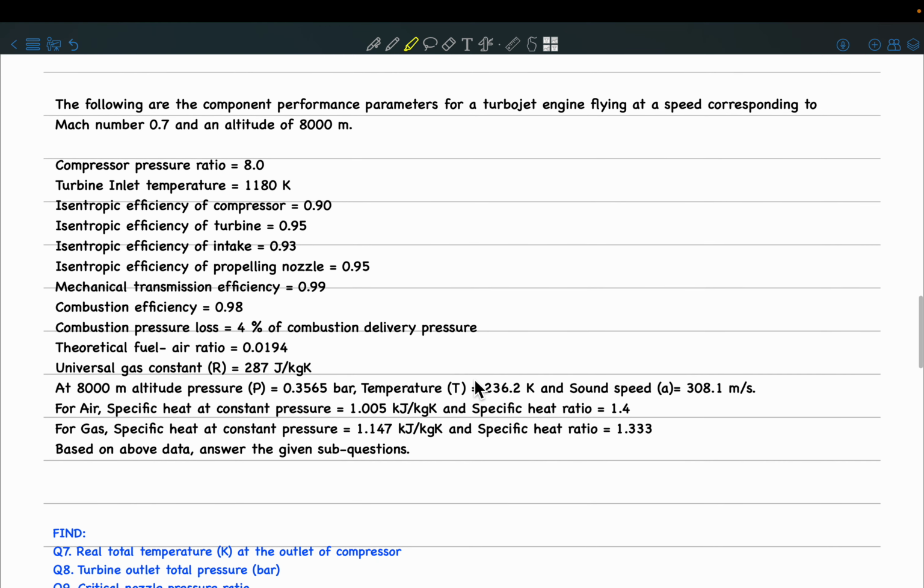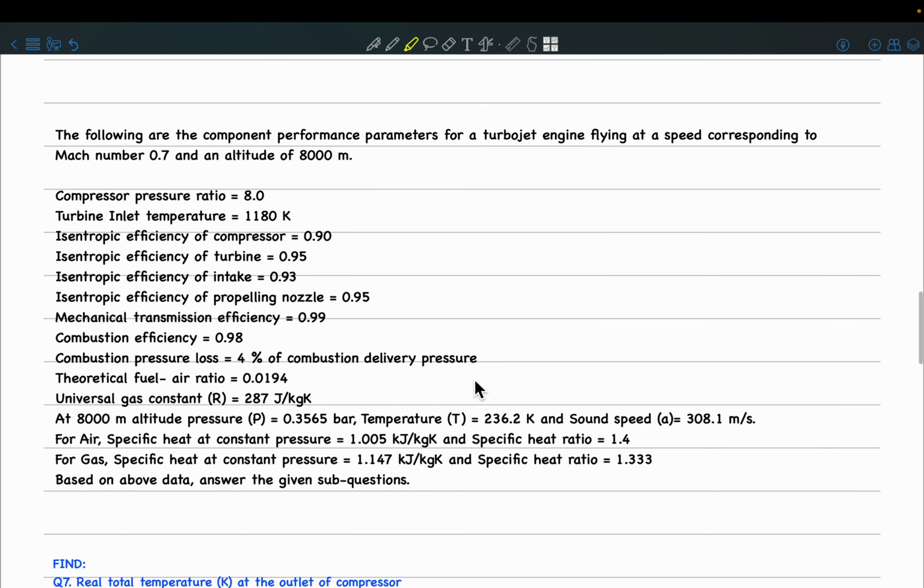Okay. So now there is a numerical. There are some inlet conditions given, the compressor pressure ratio, and all these things are given, and the efficiency of each component is given for a turbojet engine. They have also given that this turbojet engine is operating at a Mach number of 0.7 at an altitude of 8,000 meters.